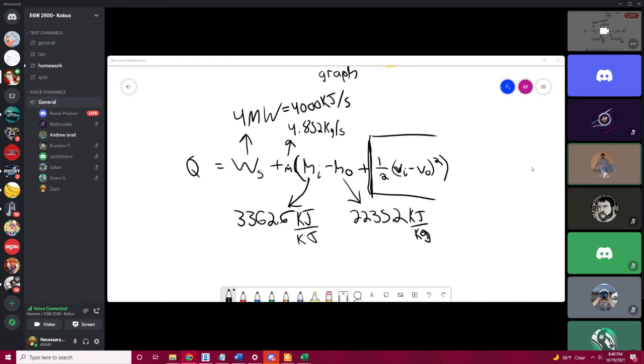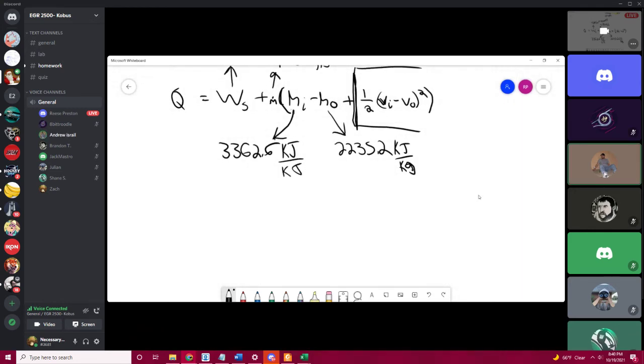Let's do this then. Q equals... So basically, shaft work we could turn that into kilojoules over seconds, right? Shaft work is kilojoules per second. Yeah.